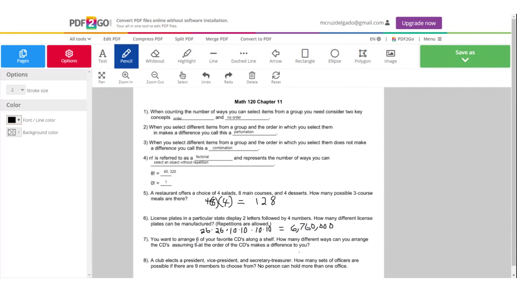This is just plain old a 6 factorial because you're just going to put them up there one at a time. So that's 120. That's 6 times 5 times 4 times 3 times 2 times 1.